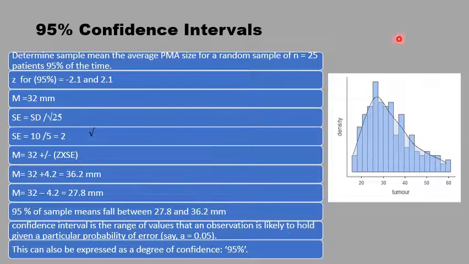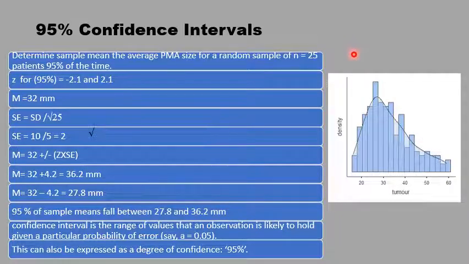So the new surgeon wants to know the range of sizes of the tumors he is going to encounter in his next 25 cases, getting some insight from the old series.